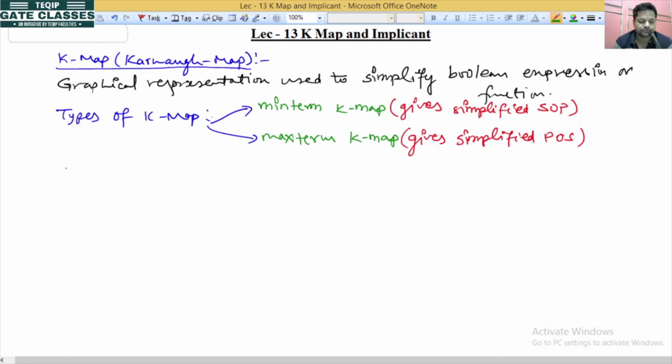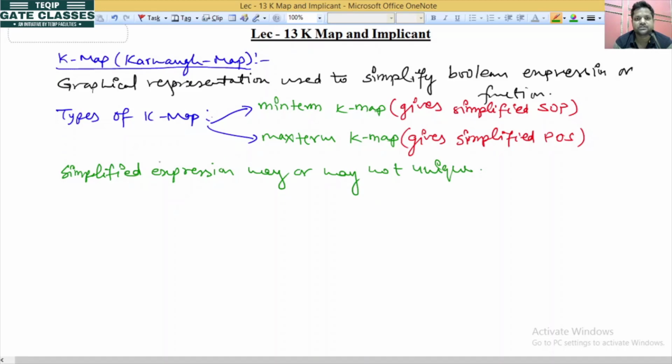So the simplified expression may or may not be unique. You cannot guarantee that it always gives a unique simplified expression. Now we will study how our K-map looks like.